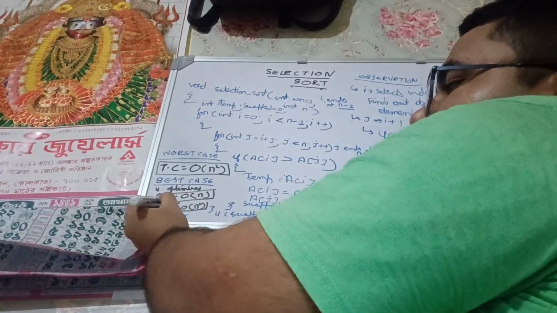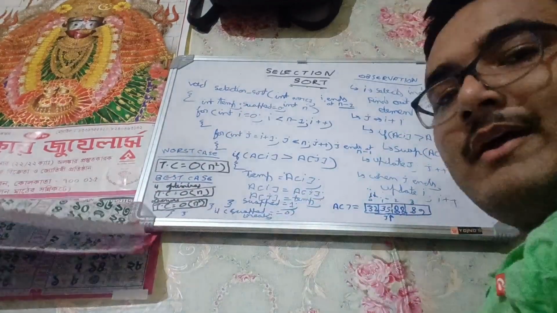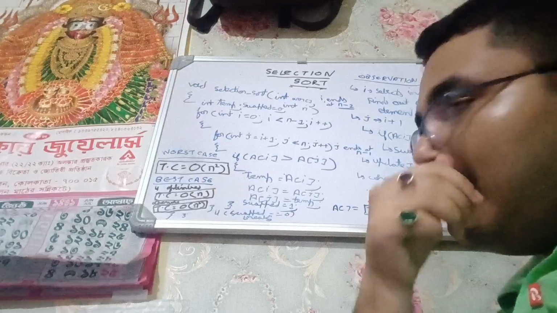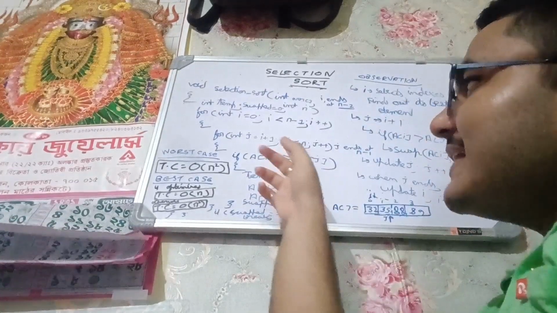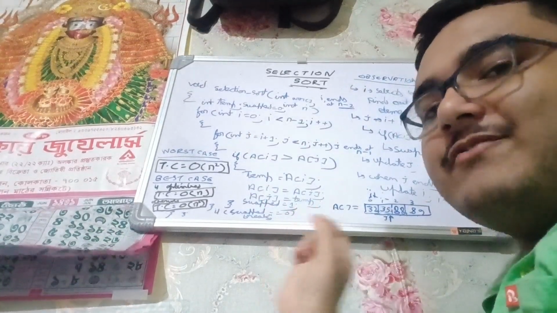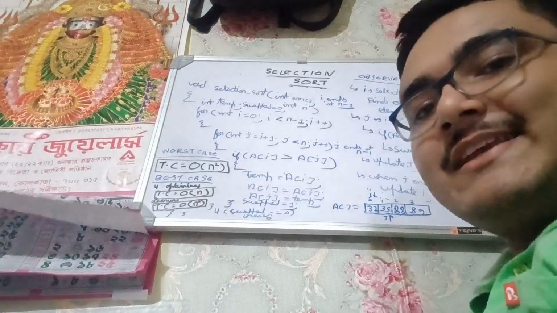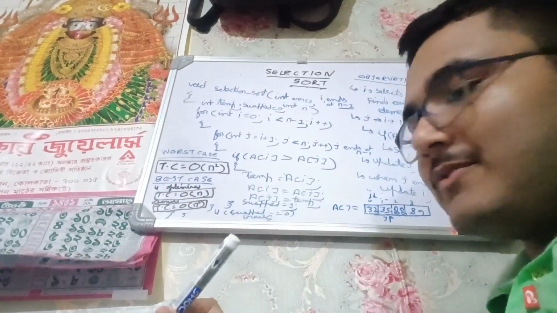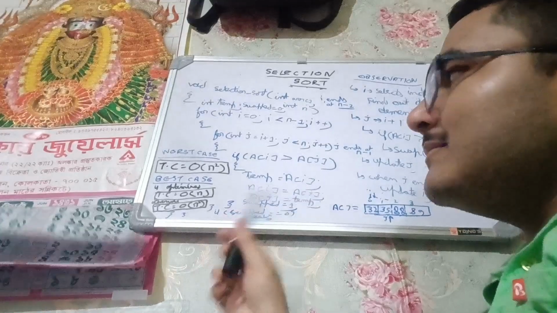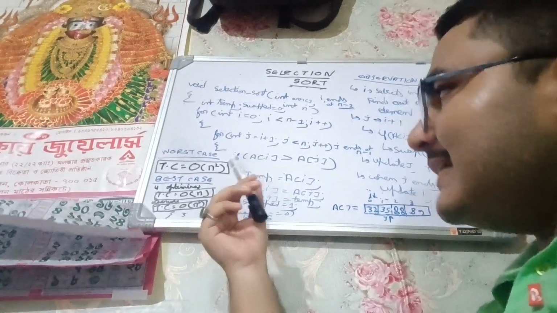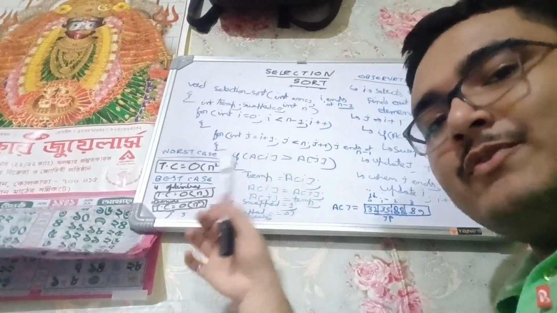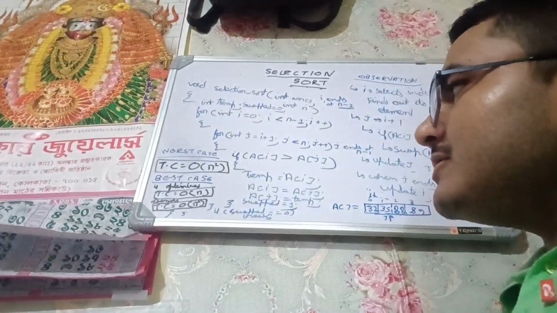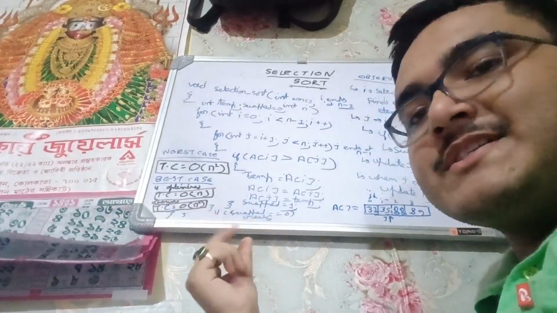At an average, not exactly n square, because j is starting from I plus 1 every time, but at an average we can say it's n square. And average case is definitely big O of n square, for any array you take at random. So this was about the time complexity of selection sort.